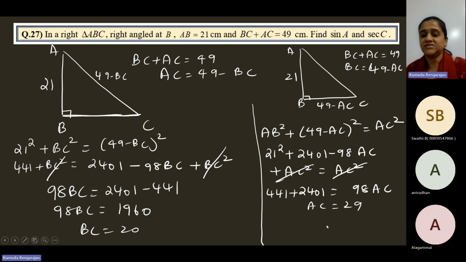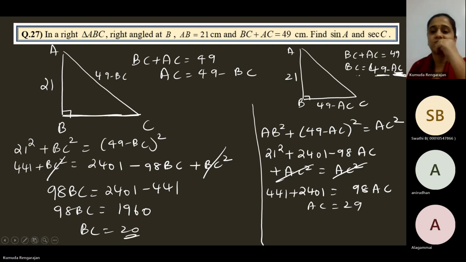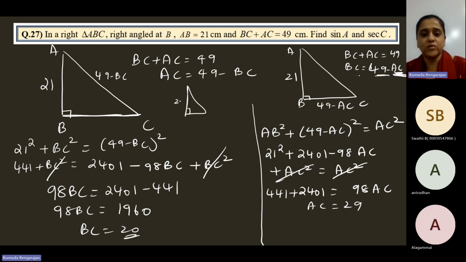AC is 29. So once you find AC, what is BC? 49 minus 29. BC is 20. That's what we got here. So once you know the three sides, this is 21, this is 20, this is 29.